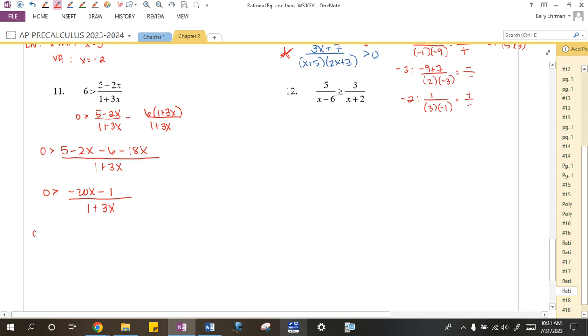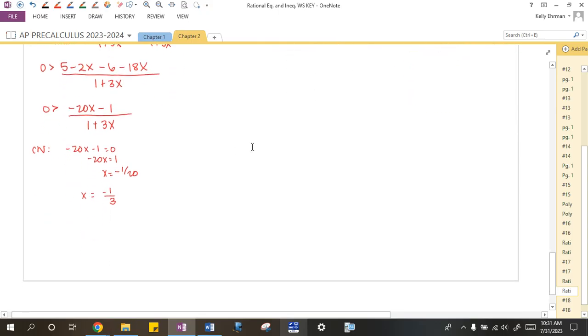Okay, so what are the critical numbers? We have an x-intercept of, if -20x minus 1 equals 0, x equals -1/20th. And then the other one is, subtract 1 divided by 3, -1/3.